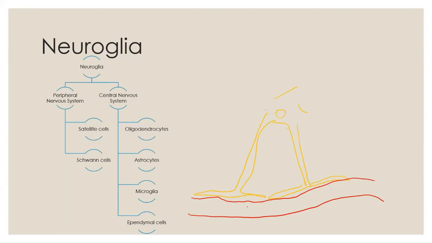This is a blood vessel or capillaries. The smallest blood vessel is the capillary, and the astrocytes have food processes which cover these capillaries.